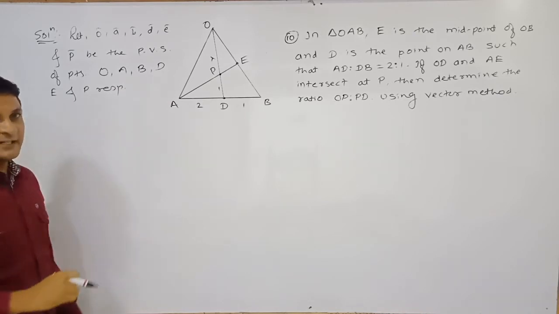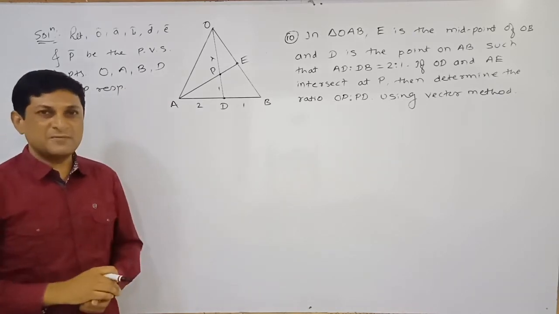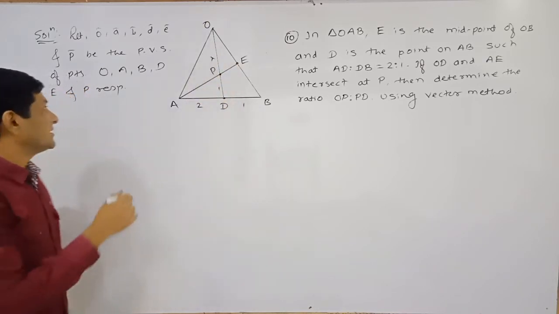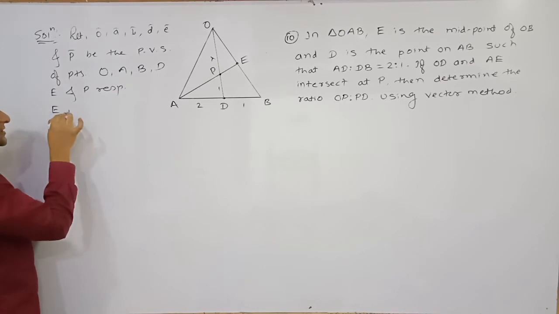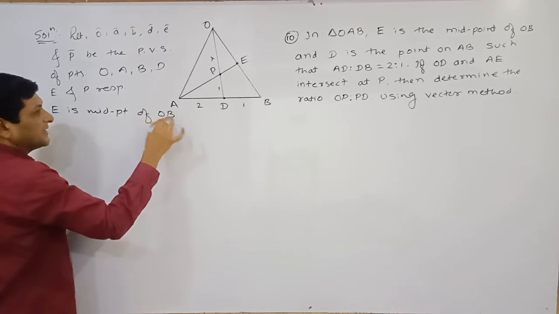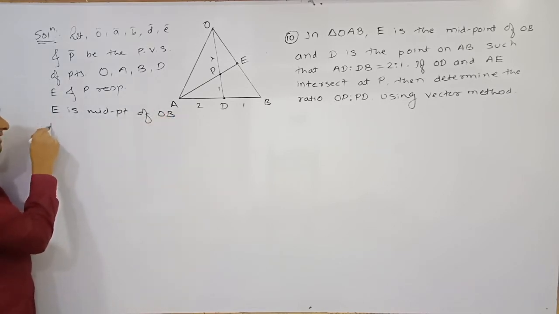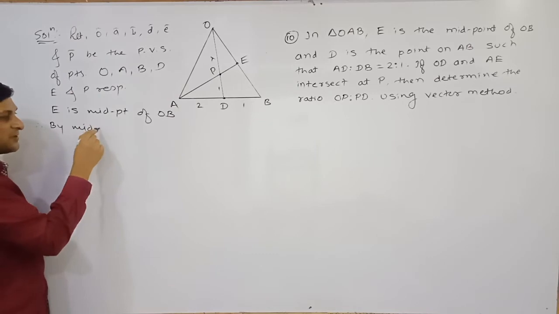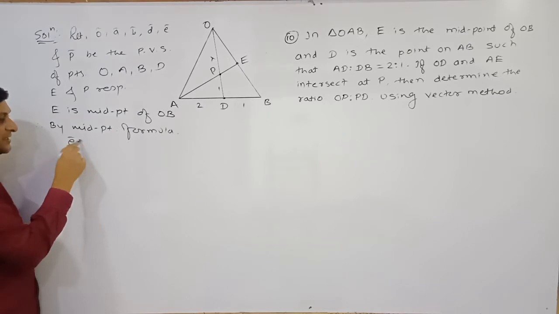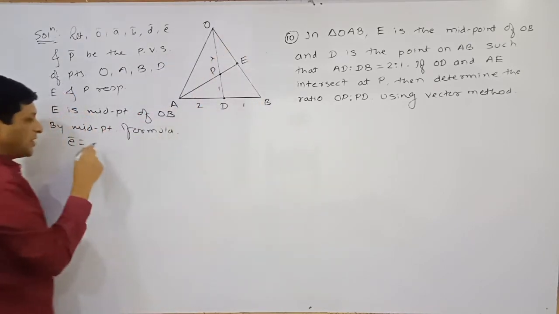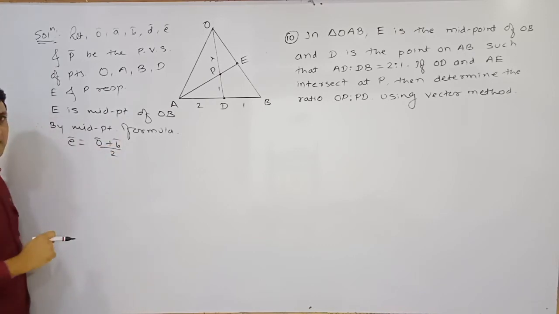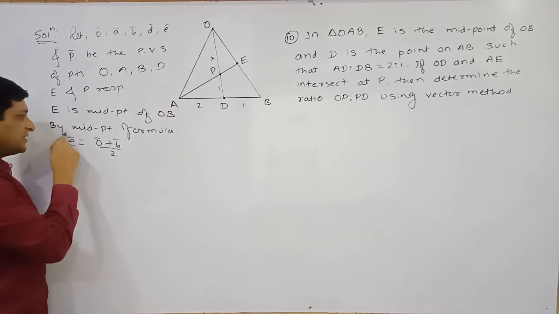Once the position vectors are defined, then use the given conditions. What is the first given condition? E is the midpoint of OB. And since E is the midpoint of OB, we are able to apply the midpoint formula. So by the midpoint formula, E bar is equal to O bar plus B bar upon 2. This result we have got by applying the midpoint formula. Value of E bar is known to us.